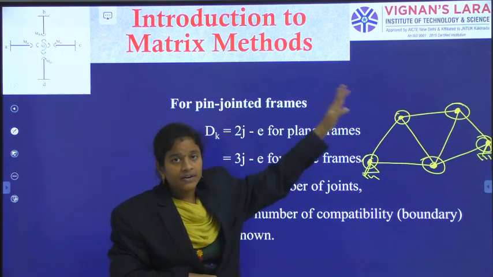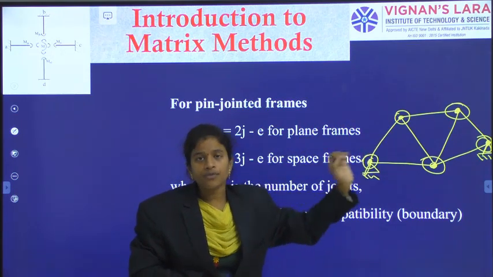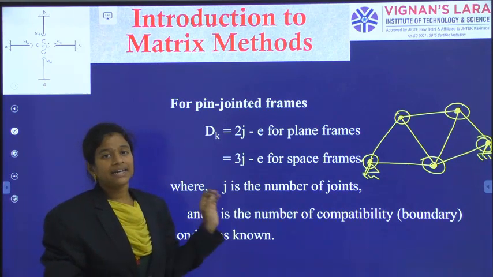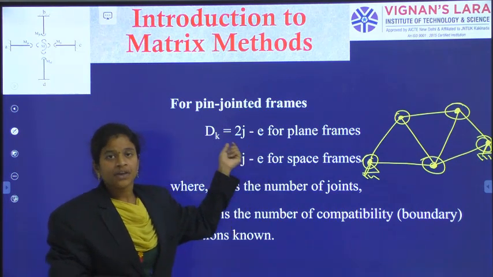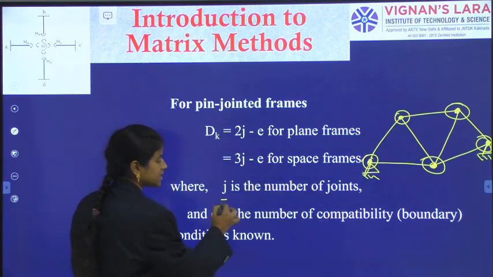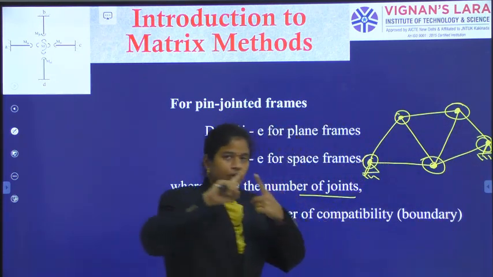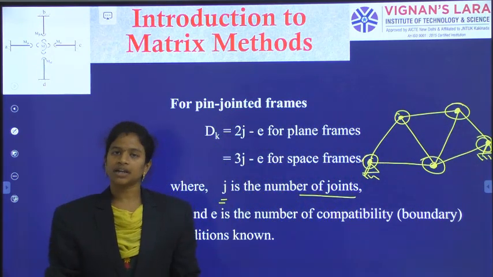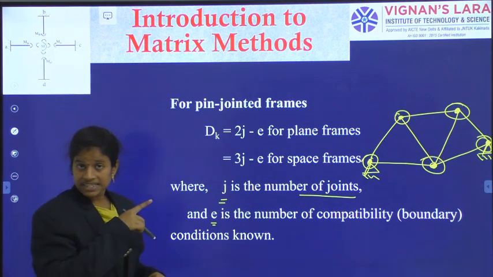For such a structure, the degree of freedom or degree of kinematic indeterminacy is equal to 2j minus e, where j is the number of joints: 1, 2, 3, 4, 5. When two members are connected, that is a joint. And where small e, 2j minus e we have said, right?